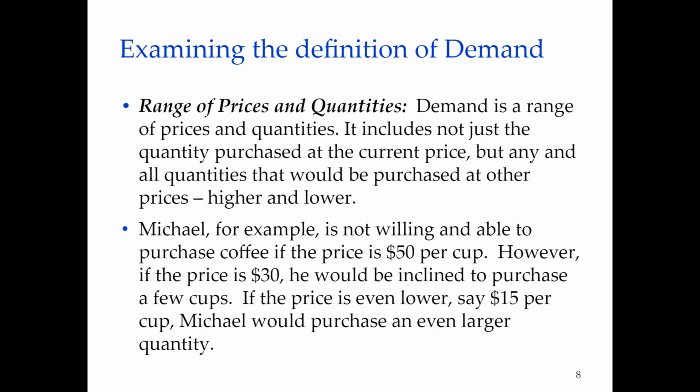For example, Michelle is not willing and able to purchase coffee if the price is $50 per cup. However, if the price is $30, she would be inclined to purchase a few cups. If the price is even lower, say $15 per cup, Michelle will purchase an even larger quantity.